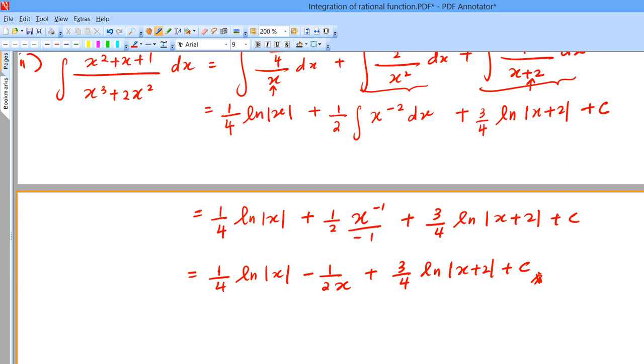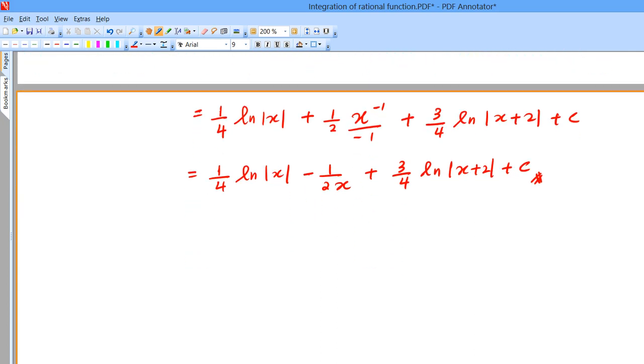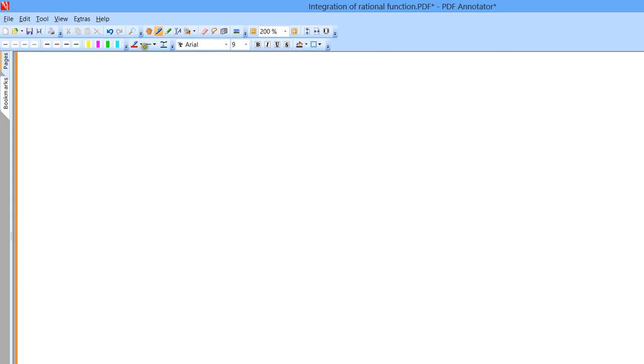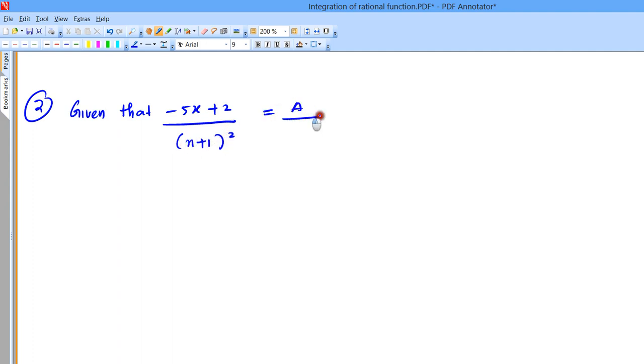Okay, next one more example. Given that negative 5x plus 2 over x plus 1 square equal to a over x plus 1 plus b over x plus 1 square.